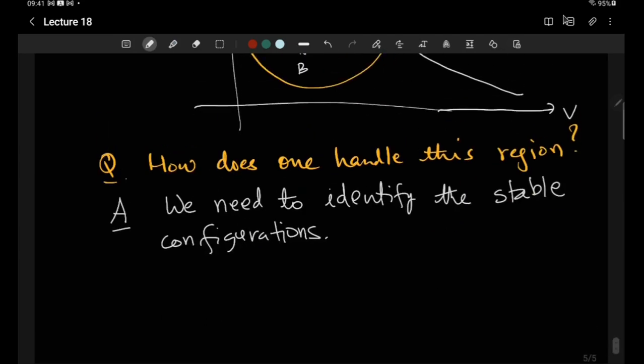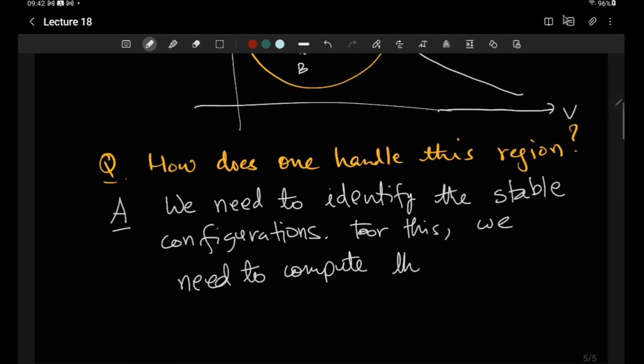So for this, we need to compute the corresponding state function and impose the stability conditions.